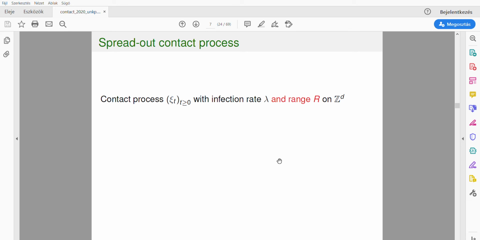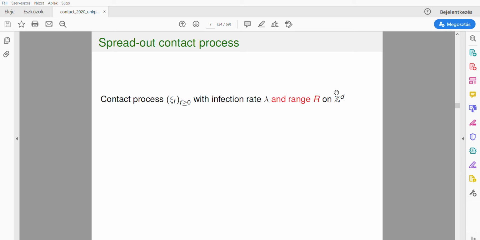But in order to state our result with Daniel, I have to modify the definition of the contact process. Namely, I want to define the contact process on the d-dimensional lattice, which has infection rate lambda, but now I want my contact process to have range R. And here it goes.